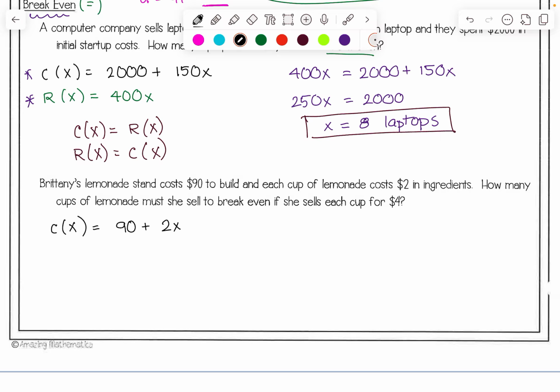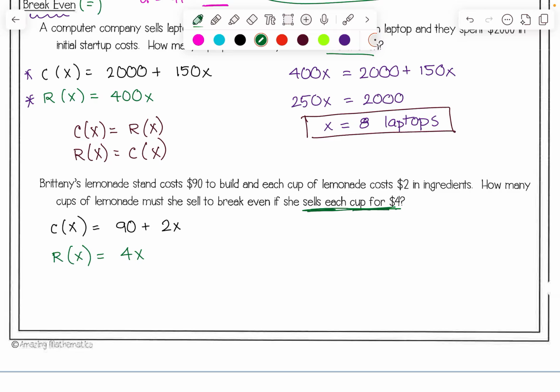Their revenue, so they need to earn something back. She sells each cup for $4. So $4 times the number of lemonade cups that they sell.